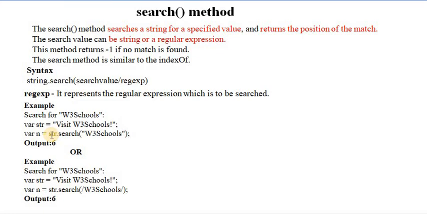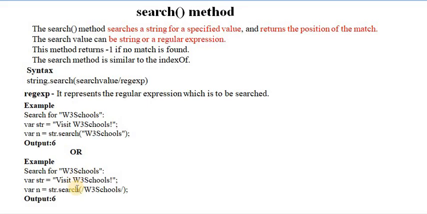It will return 6 on the web page because it is present, and it returns the position of the match. Means if the string is present for the specified value, it returns the position of that match, so 0, 1, 2, 3, 4, 5, 6. W3 is present at the 6th position, so it will return the 6th position.